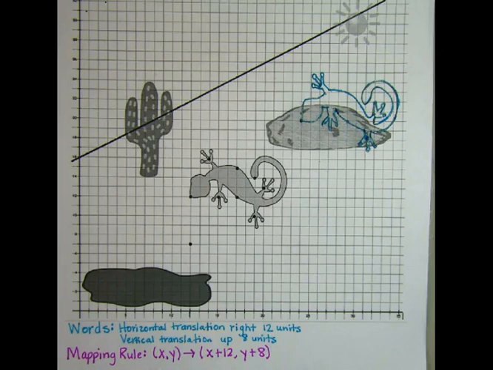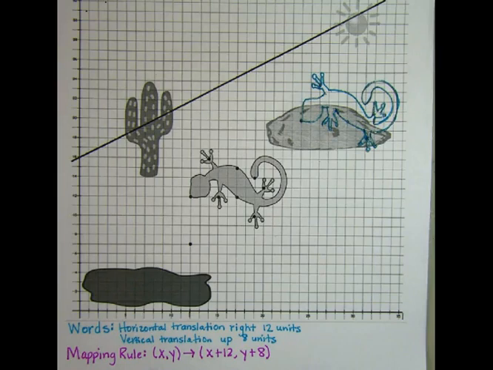When you provide words or a verbal description, it is important to include the type of transformation as well as the magnitude and direction. We can also use a mapping rule or an algebraic rule. The mapping rule is an algebraic rule that is applied to the input or the pre-image points to create the output or the image points.